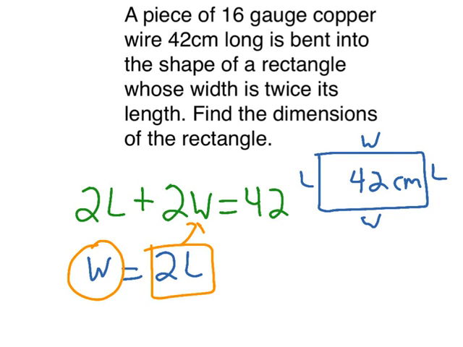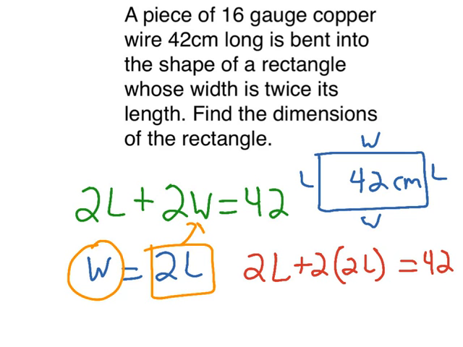So my last and final step here is I'm going to rewrite this equation: 2L plus 2W equals, not 2W, 2L, and then in place of W, I'm going to have 2L, equals 42. And that's all this standard is asking you to do.